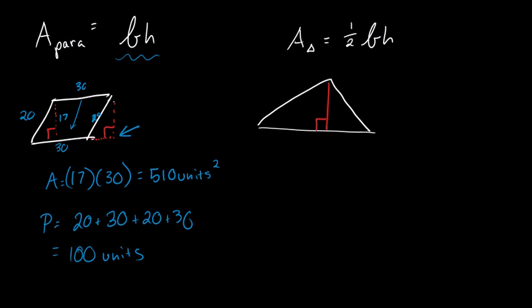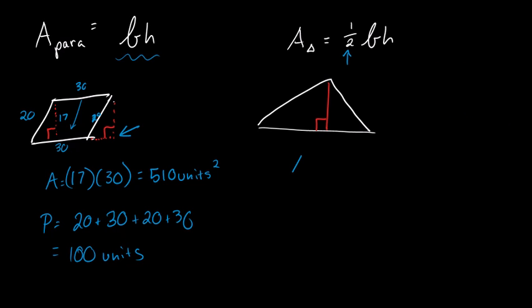Alright, and last but certainly not least, the area of a triangle. How do we get triangles? Well, if I have a rectangle and I chop it in half, that gives me a triangle, so that's where the 1/2 comes from.